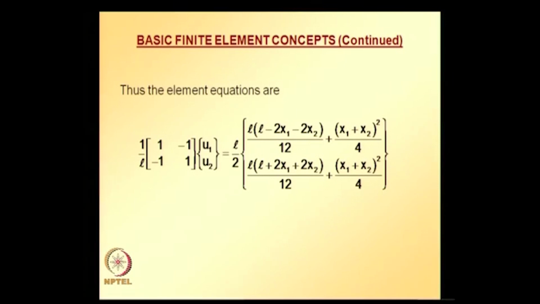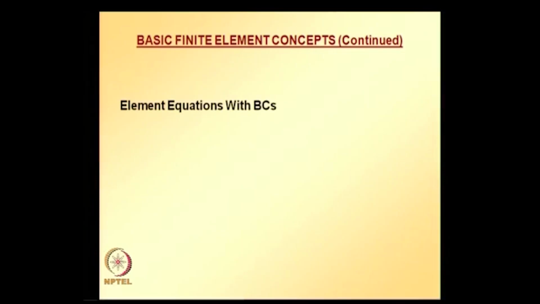That is why in the beginning we have written element equations for an element without applying the boundary conditions. Why I am doing this will be clearer to you in a while. So, now let us develop the equation system for an element for which x is equal to 1 is a part of that element, that is, element equations with boundary conditions.